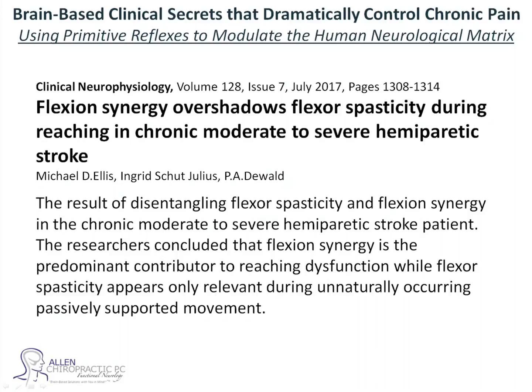Here's a paper on flexion synergy, which overshadows flexor spasticity during reaching in chronic moderate to severe hemiplegic stroke. And again, these are stroke patients, but the same is true when it comes to dysfunction physiologically. The result of disentangling flexor spasticity and flexion synergy in the chronic moderate to severe hemiplegic stroke patient, these researchers concluded that flexion synergy is the predominant contributor to reaching dysfunction, while flexor spasticity appears only relevant during unnaturally occurring passively supported movements.